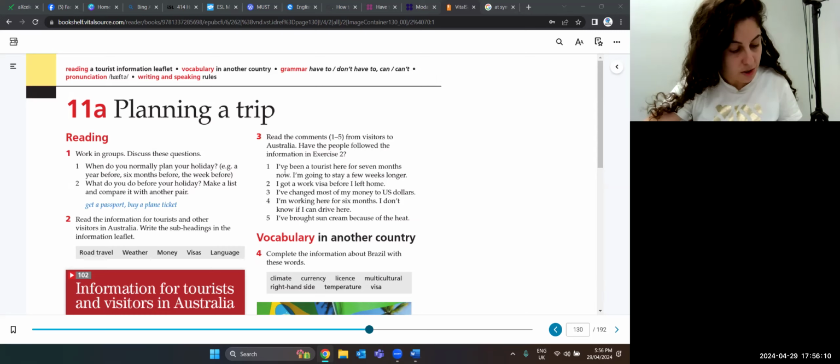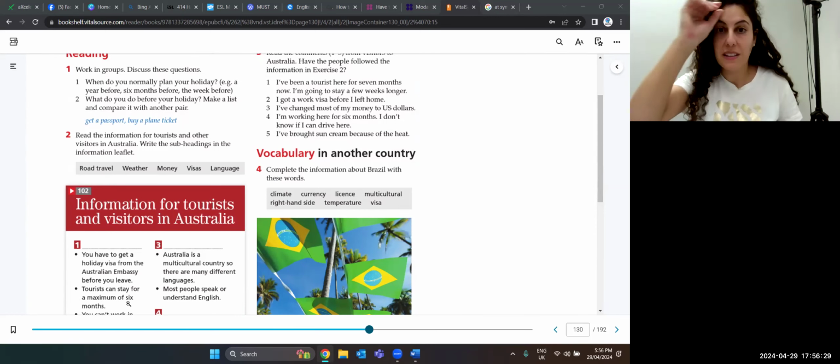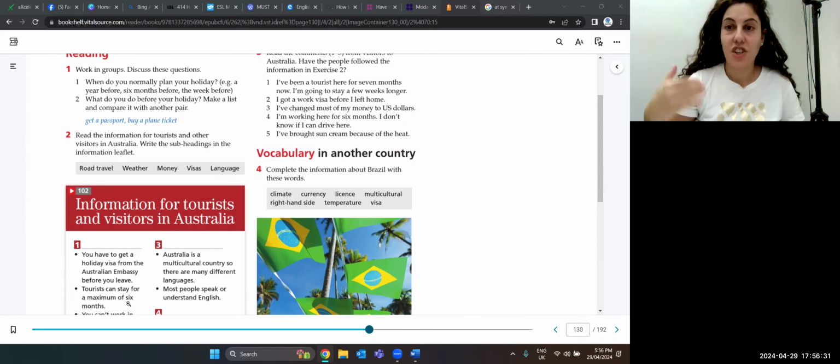No, because it says tourists can stay for a maximum of 6 months. So she said, "I've been a tourist in Australia for 7 months. I'm going to stay more." So no, she hasn't read the information. She cannot stay more than 6 months. So you can see how I'm responding with a negative.